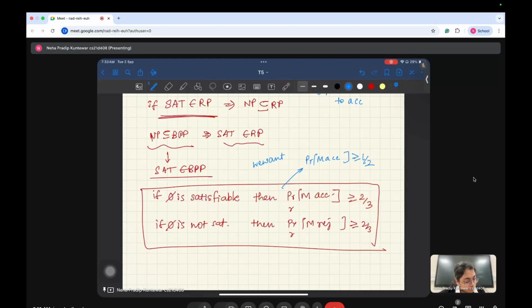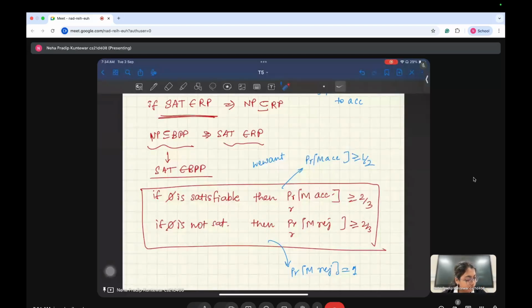And when phi is not satisfiable, we want the probability that M rejects to be 1. So this is something that we need to work on. So we are not happy with this 2/3. If it is not satisfiable, we don't want to make any error. Okay, so how do we do that?